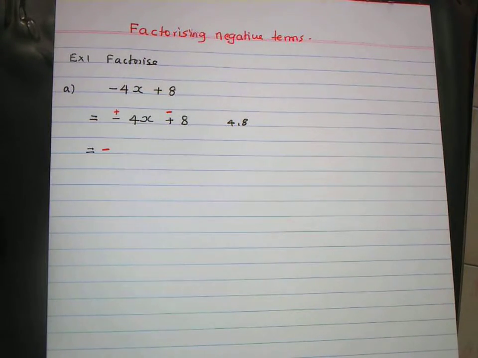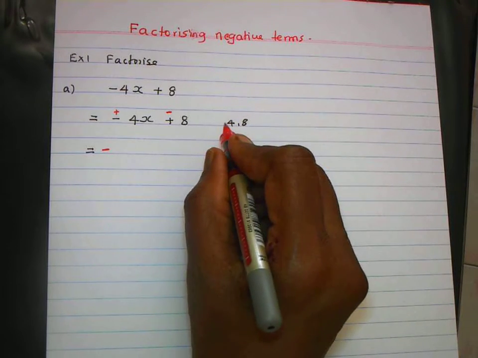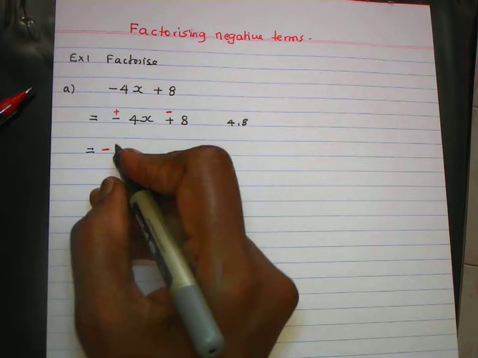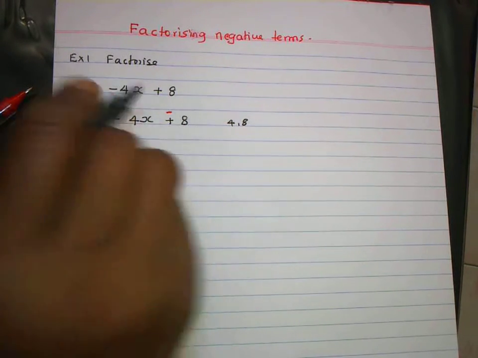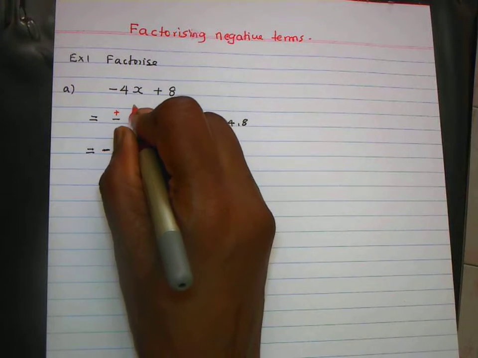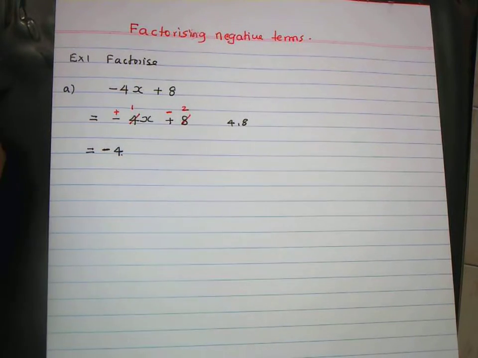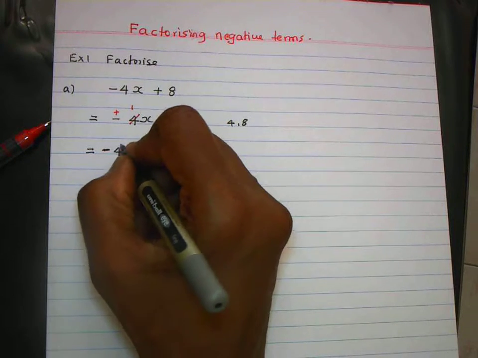Both are divisible by 4, so I'm going to take 4 outside. I've taken minus outside. Now I'm taking 4. When I take 4 outside, 4 goes into 4 once, 4 goes into 8 twice. Okay, there is nothing else common, so I'm going to start opening the bracket.